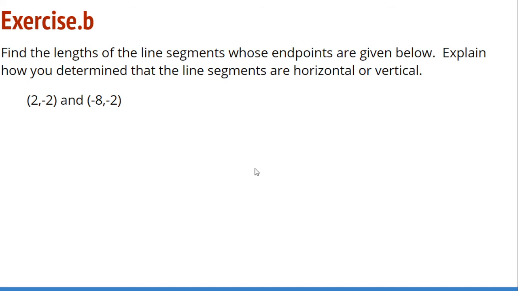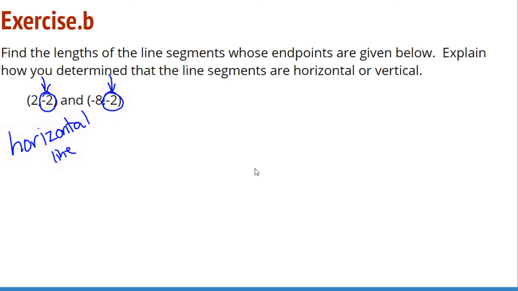All right, so they are sharing this y coordinate. And if they share a y coordinate, that means that they are a horizontal line because they're both passing through negative 2 on the y-axis. So I have a horizontal line.